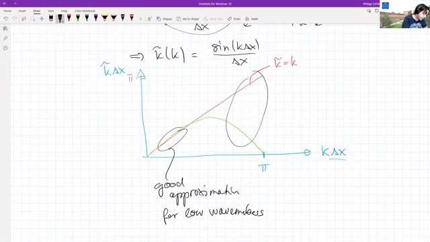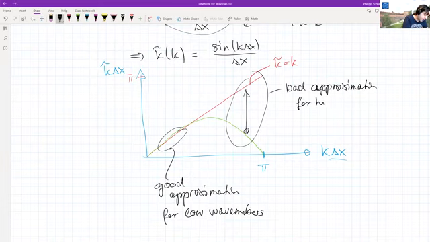However, in this region, we see a large difference between the red and the green line. And of course, that indicates that this is a bad approximation for high wave numbers.